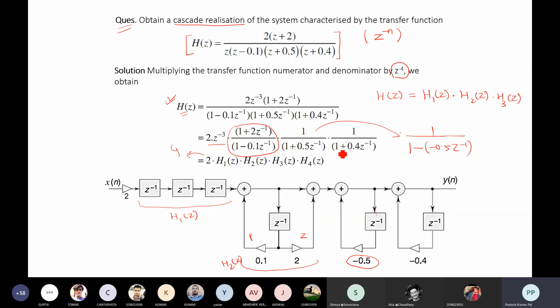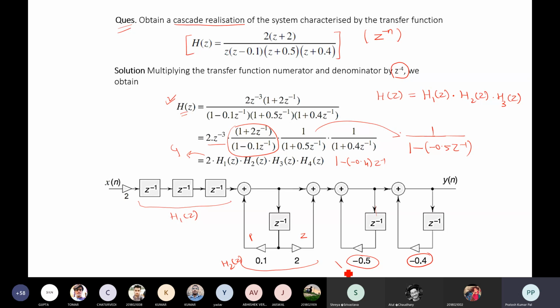Similarly, the next term is 1 upon 1 plus 0.4 z inverse. Here again only poles are there, no zeros. Here 1 plus is there, so it will be represented by 1 minus 0.4 z inverse, so the coefficient will be minus 0.4. Again the minus 0.4 coefficient will be used.